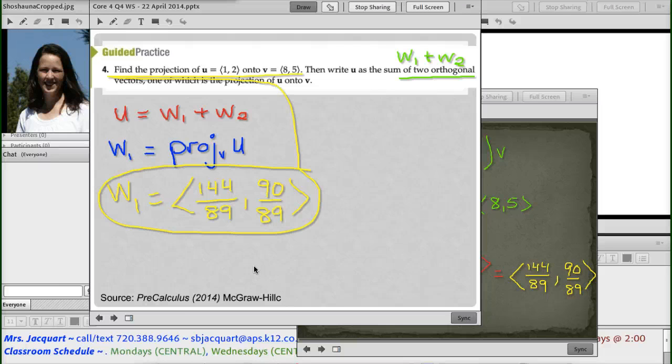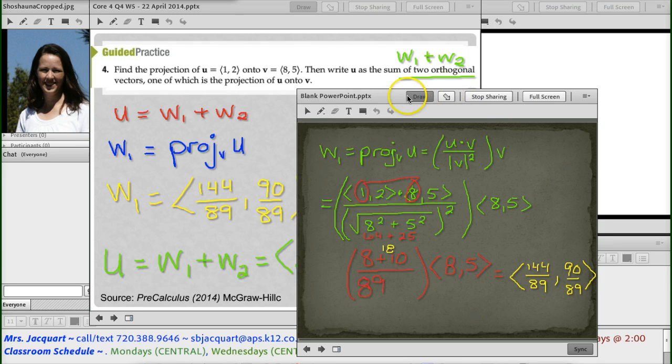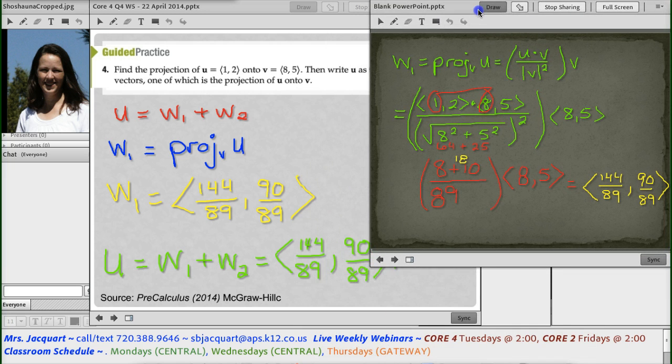And then my last step that I want to do is I want to find out what u, back up, back up, back up, and back up, u equals W1 plus W2, which is, we know what the first work vector is, 144 over 89, 90 over 89, plus, I'm going to have to go use the board to find W2. So you ready to find W2? We're going to need this up over here. W2.